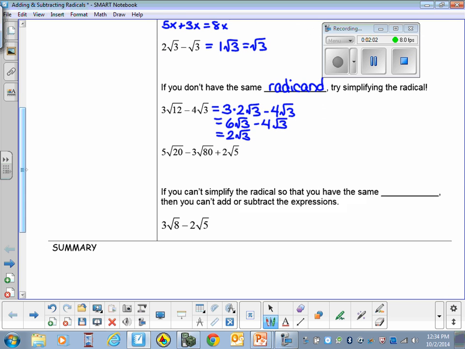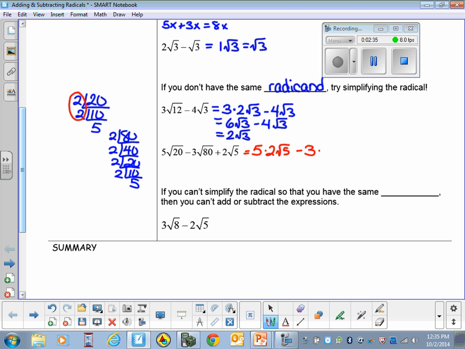Looking at the next one, I need to simplify the square root of 20. That's 2 times 10, which is 2 times 5. So this is going to be 5 times, the 2 gets to come out, 5 has to stay home, minus 3 times, let's simplify the square root of 80, that's 2 times 40, 2 times 20, 2 times 10, 2 times 5.